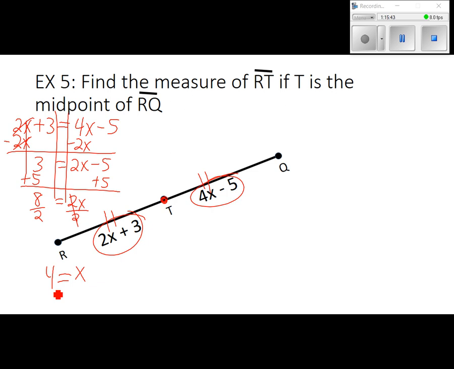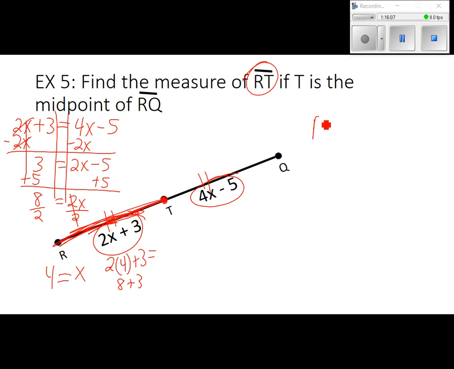Go back and read the problem, make sure you know what they say. They say find the measure of segment RT. RT is this segment right here. So we plug in x is 4. 2 times 4 is 8, then 8 plus 3, that's 11.